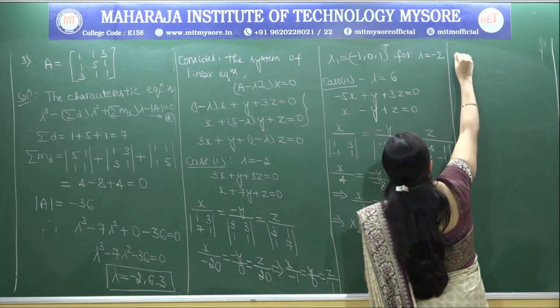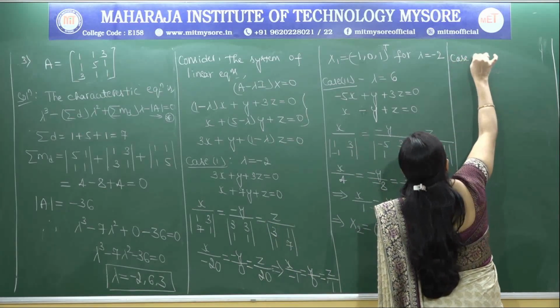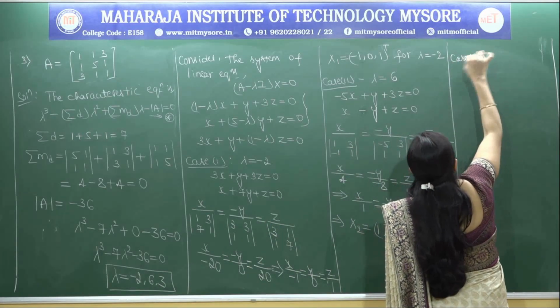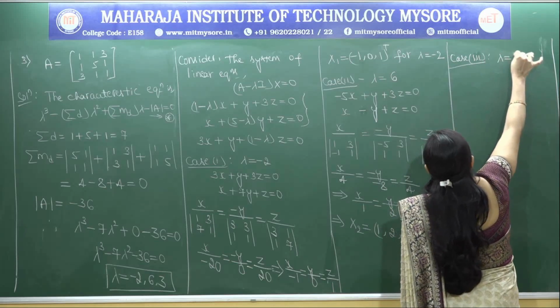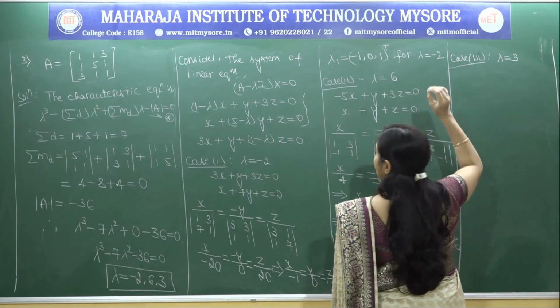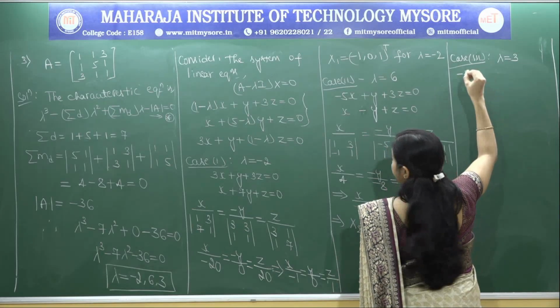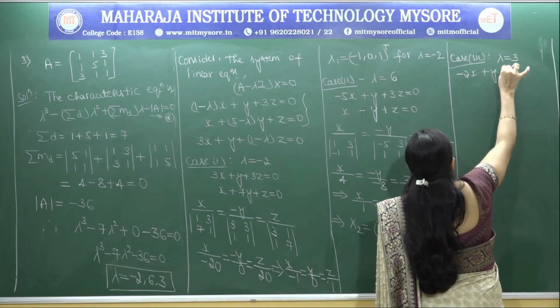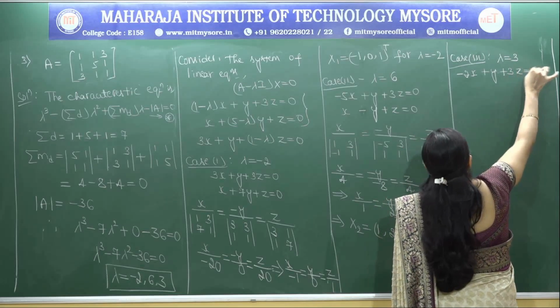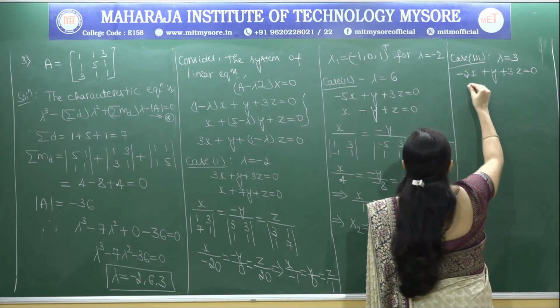Next, case 3. For lambda equals 3, the system of linear equations, the 1 minus 3 is minus 2x plus y plus 3z equals 0.